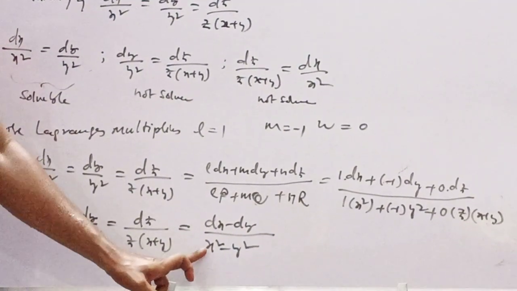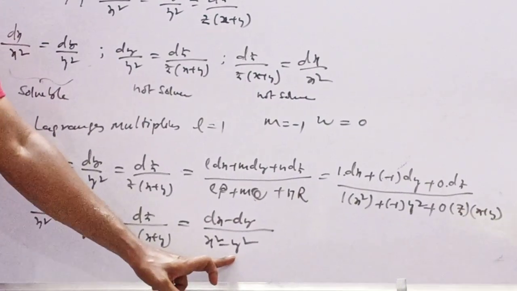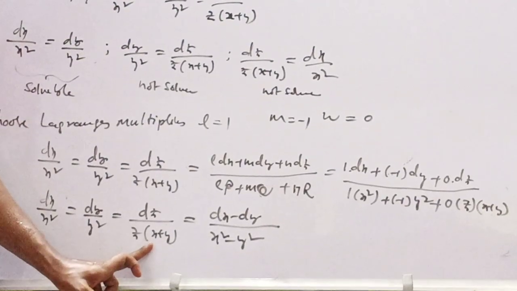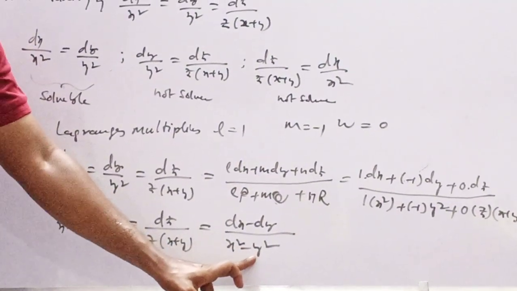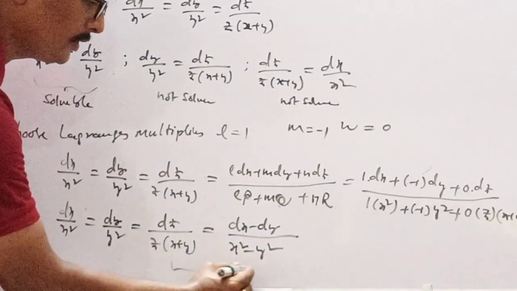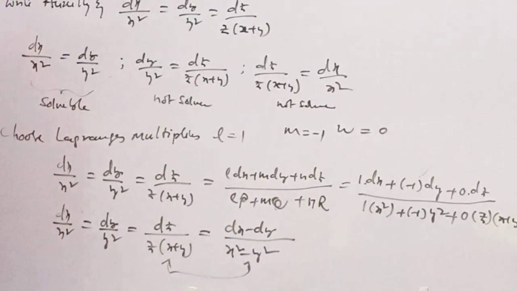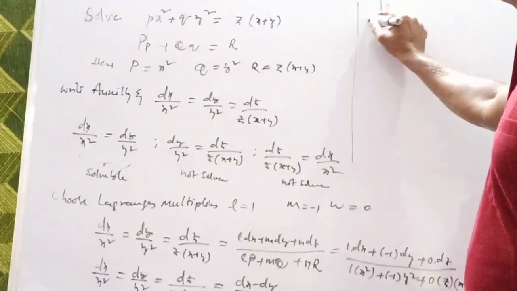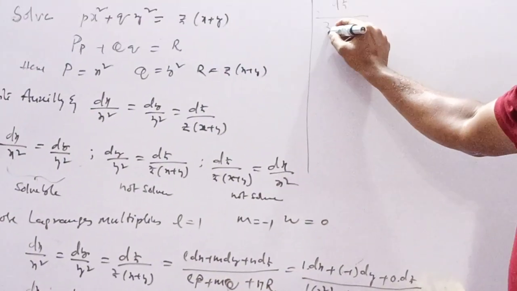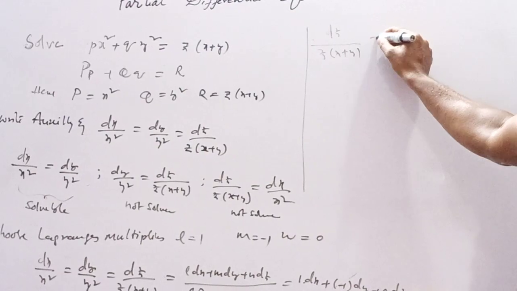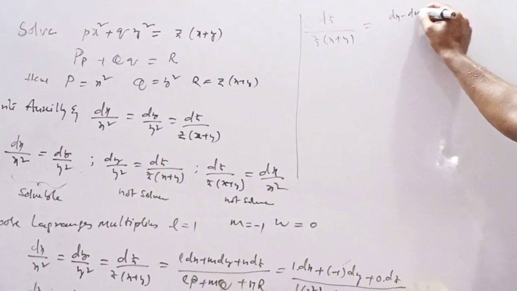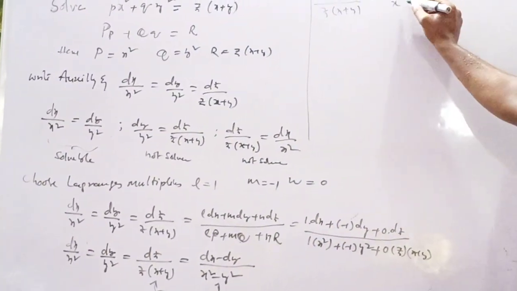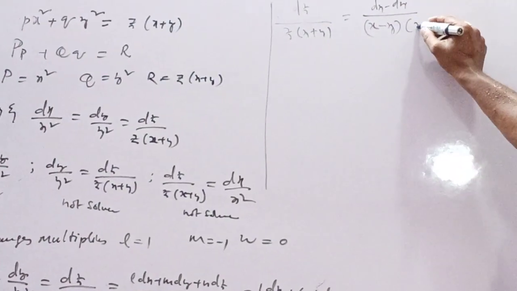Again you observe x square minus y square can be written as x minus y into x plus y. So here x plus y and here also x plus y get cancelled. So take third and fourth: dz by z into x plus y equal to dx minus dy by, I am writing x square minus y square as x minus y into x plus y.